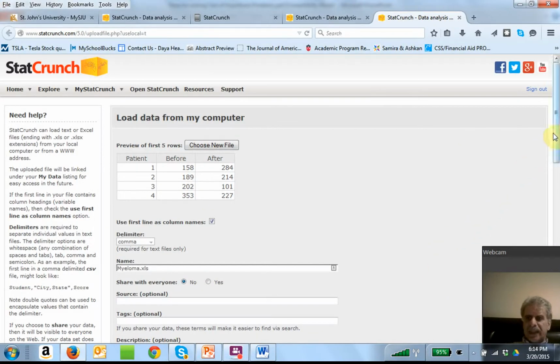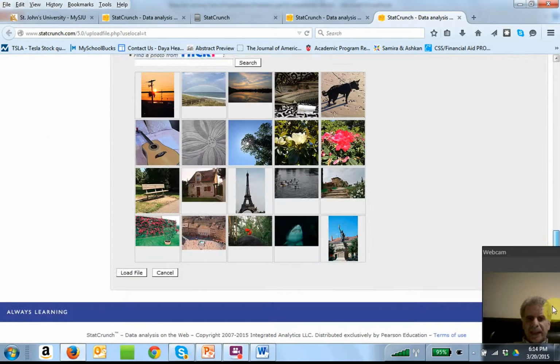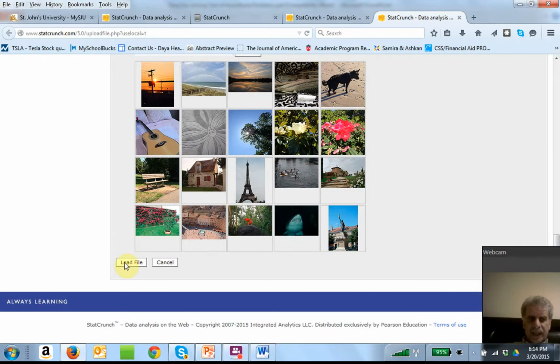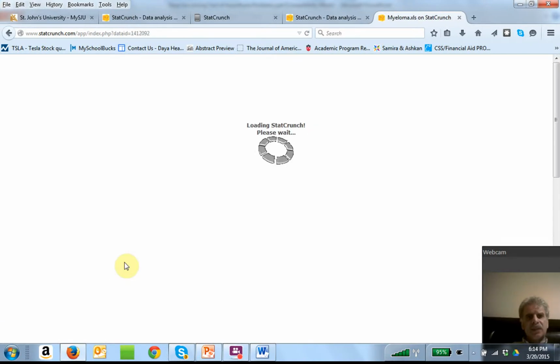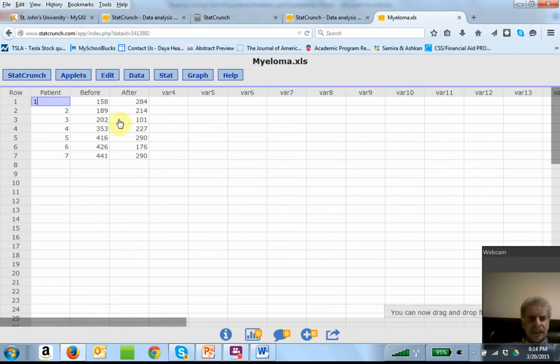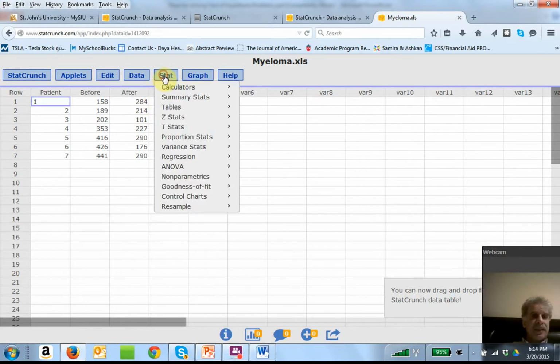The data right now is on the website, but I could pull it up and load it, and it's going to go to StatCrunch. So the data is right now in StatCrunch. Remember, I had seven patients, and I have a before and after. All I have to do now is run the statistical test. So it makes sense to go to Stat.